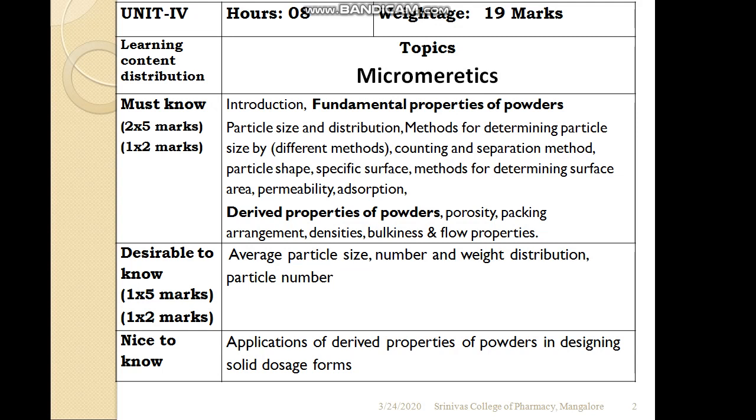But if the particle size is very small, it is very difficult to characterize them. That is why we have various techniques to characterize small size particles, or even powders.